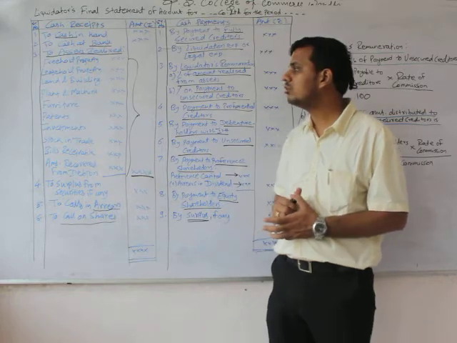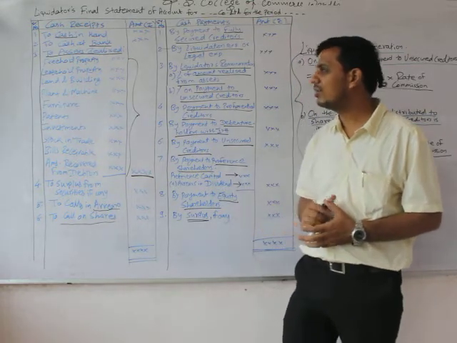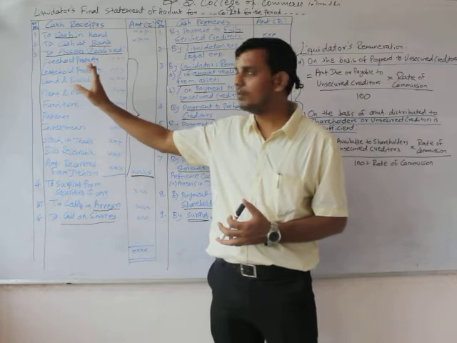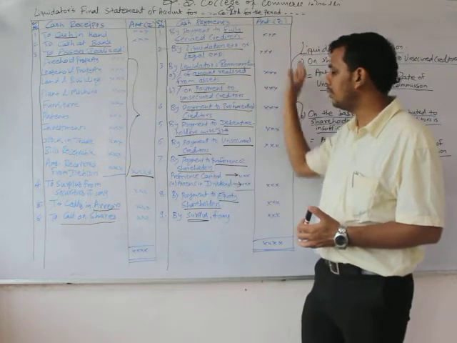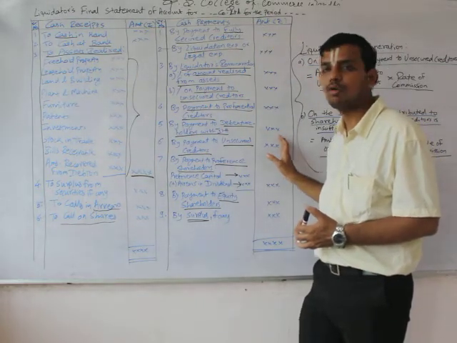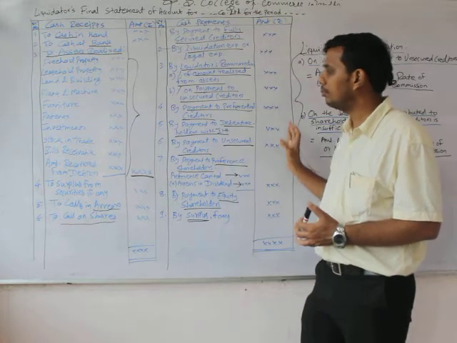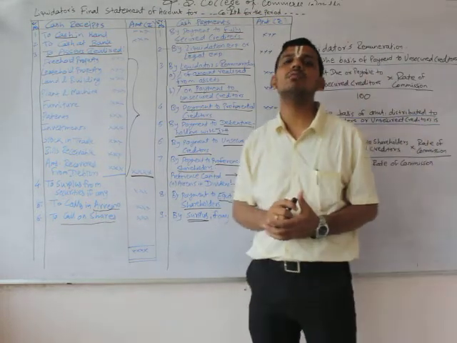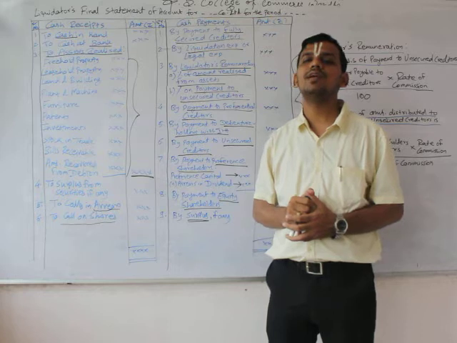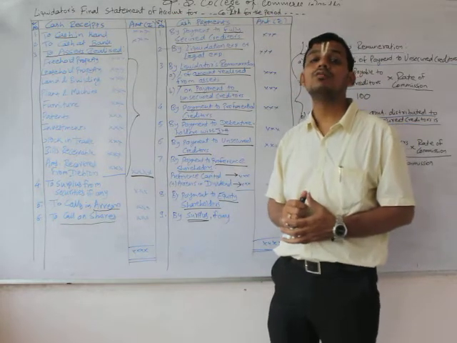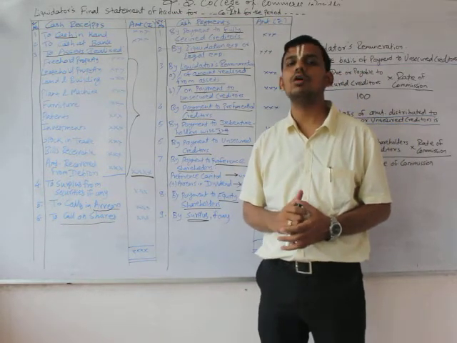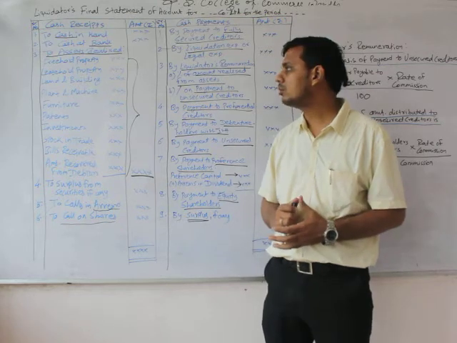We cannot change the sequence. With regard to cash receipts, the sequence is quite simple. In cash payments there is a bit lengthy sequence and there are many heads, but still we have to remember those heads so that we can make a proper sequence while solving the problem and preparing the solution.